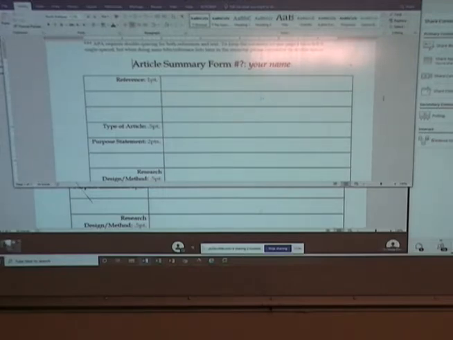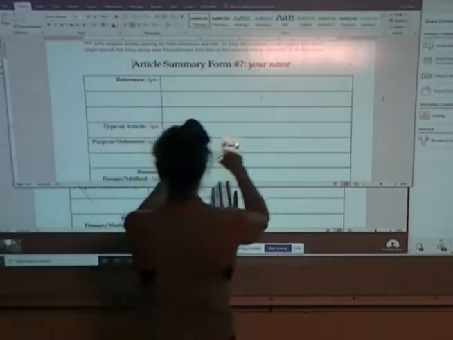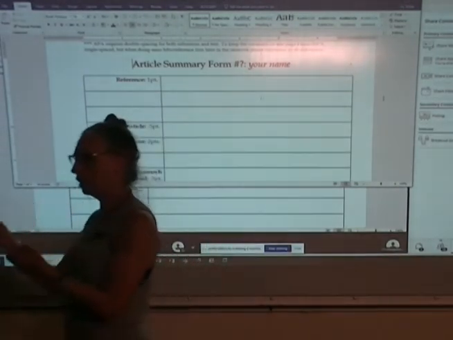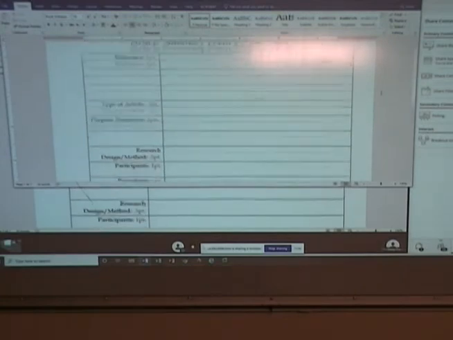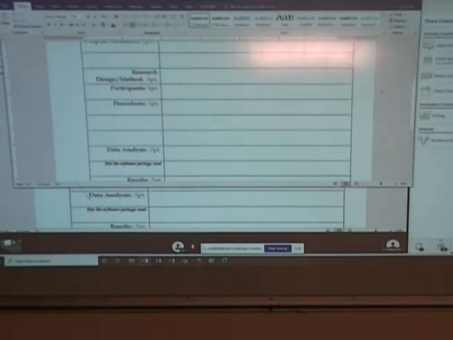As I said, sometimes when we're lucky, the author writes, the purpose was blah, blah, blah, and I can type, the purpose was. Sometimes we have to look a little bit deeper. But there's no point in reading the article if you don't know what it was they were looking for.